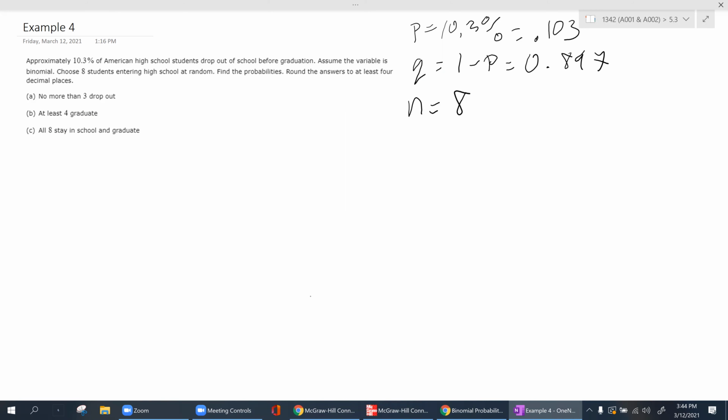And we have here C: all 8 stay in school and graduate. Well, that means how many are dropping out then? Oh, wait. Since we were talking about dropping out, let's just make sure at least 4 graduate. We said at least 4 graduate, and yes, that is correct.